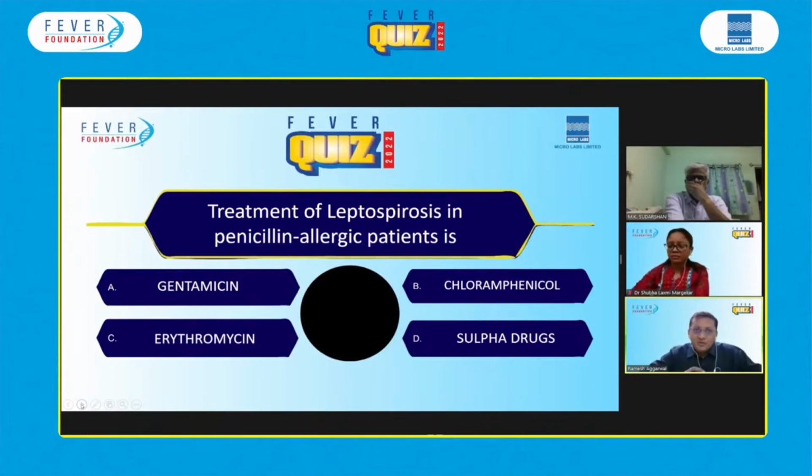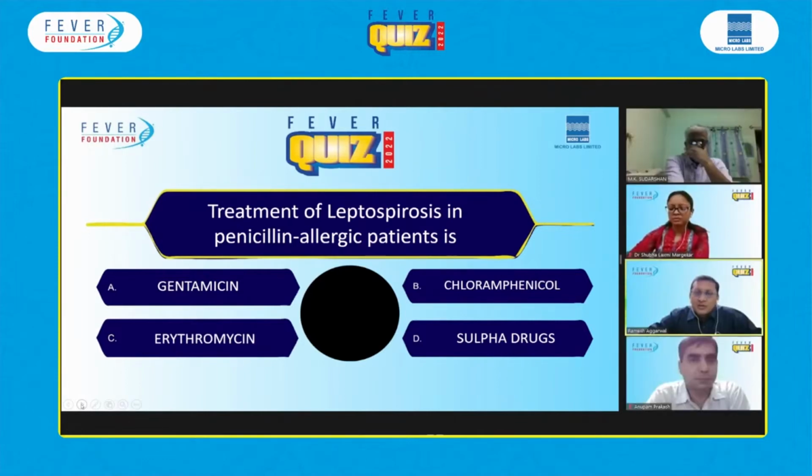Again, leptospirosis is not an uncommon disease now. Mostly it was limited to the southern part of India during monsoons in the earlier days. But nowadays we can see patients of leptospirosis in the medical wards.